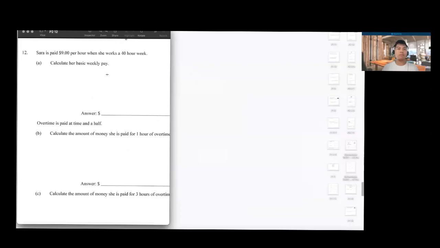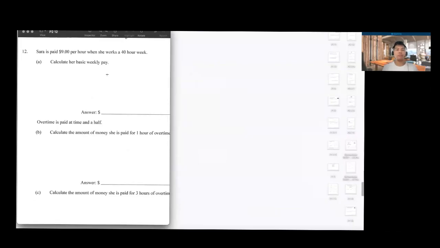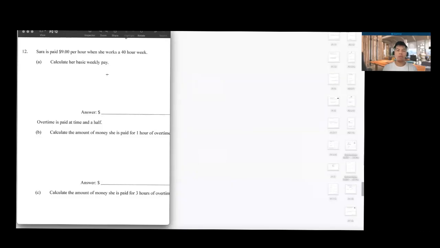Okay, can you read this, Malia? Sarah is paid $9 per hour when she works a 40-hour week. Calculate her basic weekly pay. Okay. How do you think we should solve that, Malia?